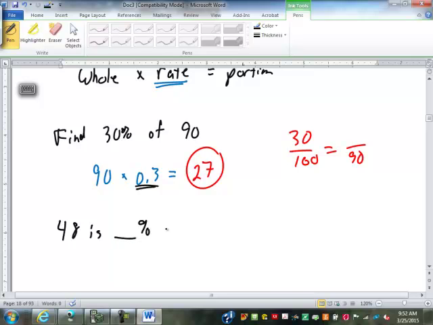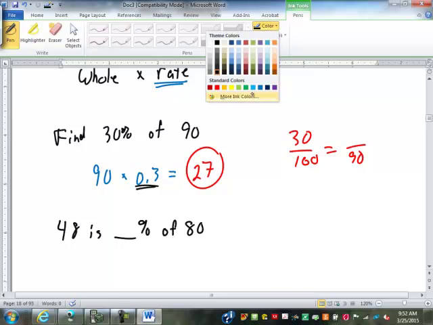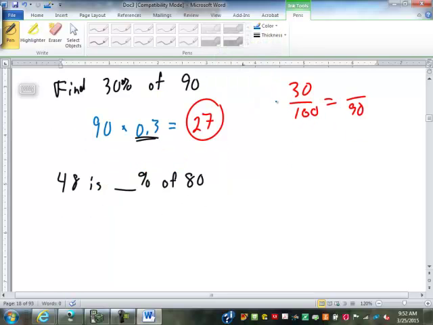Yeah. So let's say we do 48 is blank percent of 80. Here the 80 is the whole amount. We are missing the percent. So the whole amount times x equals 48. If I put an x in here for my missing percent, how do I solve this? I'm going to have to divide by 80. 48 divided by 80 is 0.6.